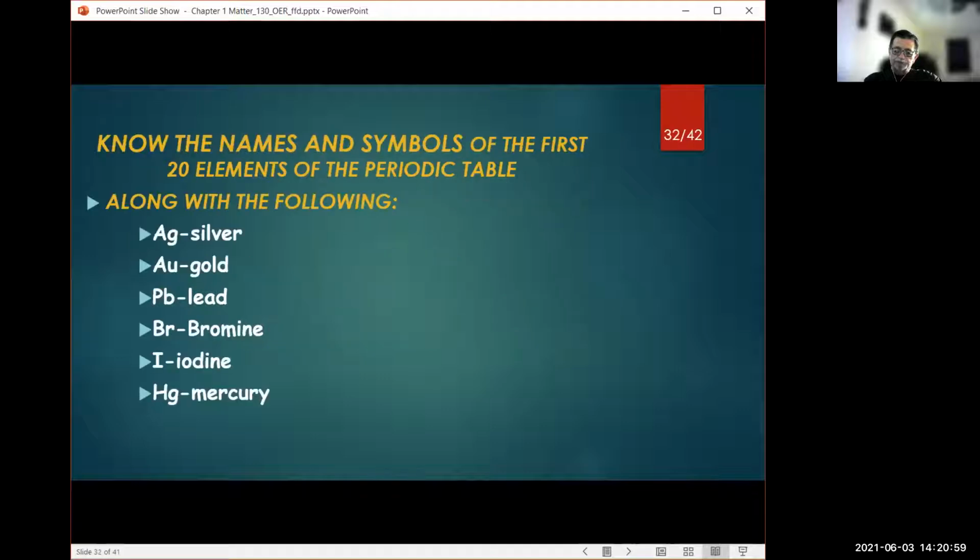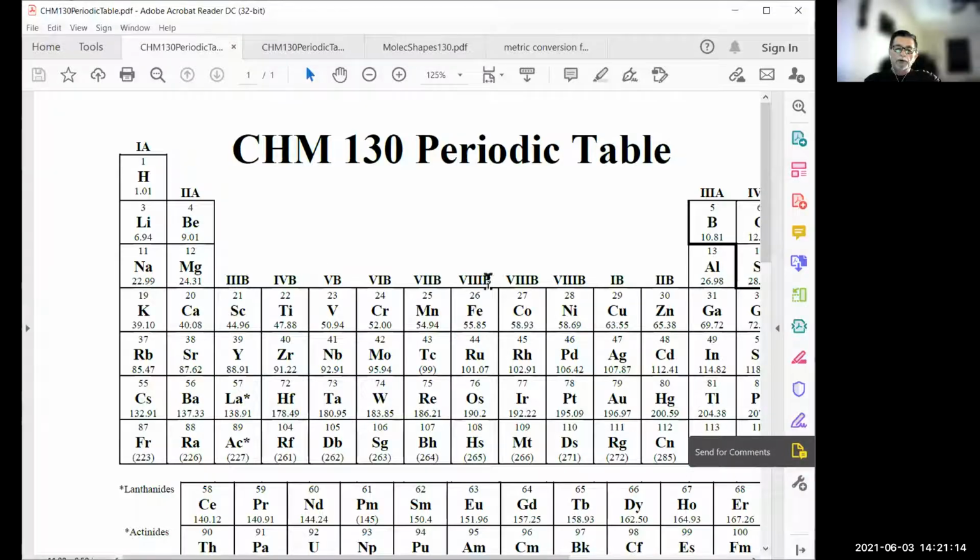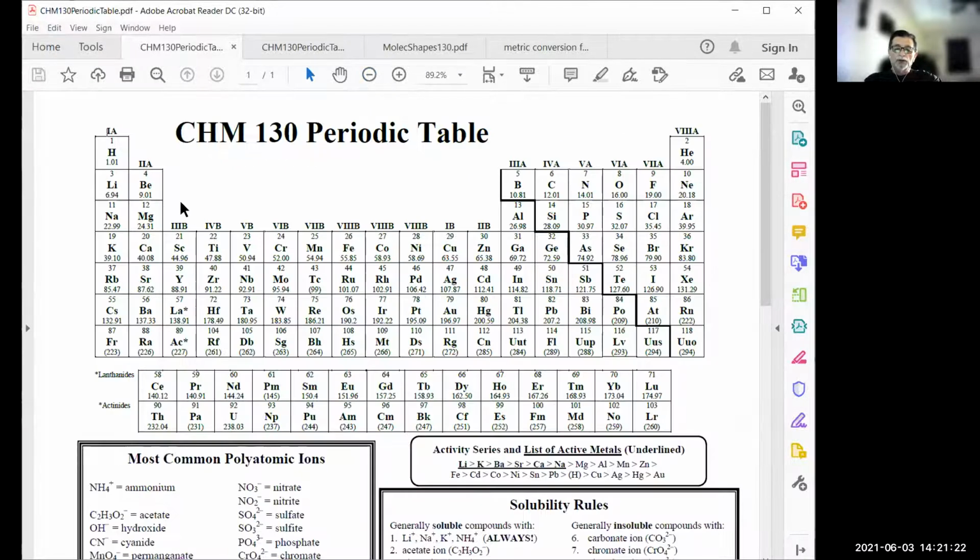Okay, so be familiar with the first 20 elements. In other words, be familiar with their names and their symbols. Number 20 would be calcium. Starting from hydrogen, number 1, it shoots across the table to the far right to helium, number 2.